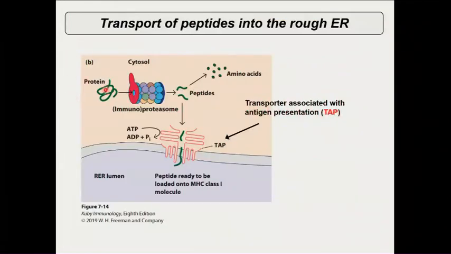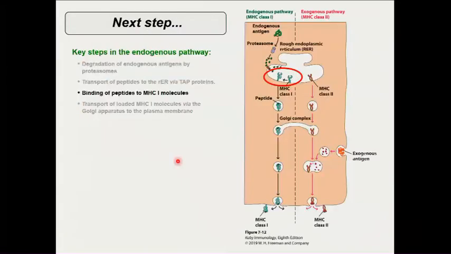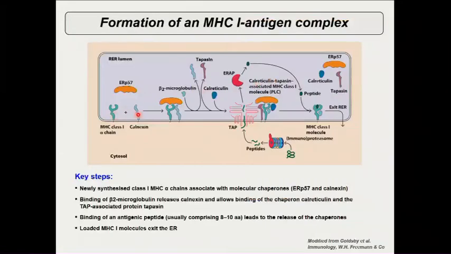So here we have the protein, here we have the proteasome, here we have bits and pieces of the proteins that could either be further cleaved into amino acids and then used to make new proteins, or some of them are picked up by these TAP transporters and then forced into the ER. And then in the ER, they meet the class 1 proteins, and that's shown here. That in itself is fairly complex.